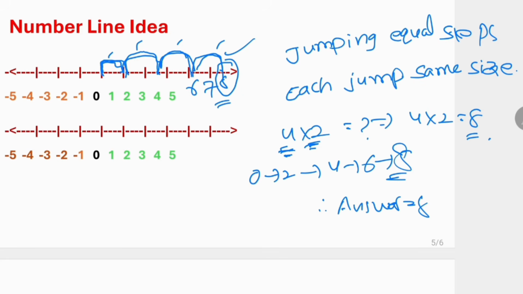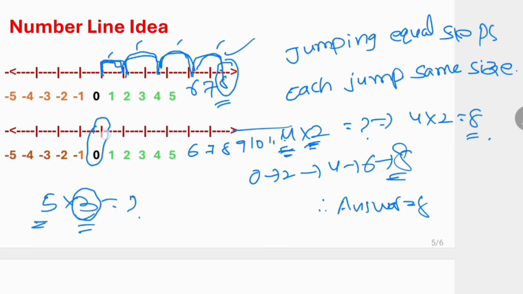I take another example. 5 into 3 is equal to how much? Where do we start? I start from 0. And how many times? 5 times. The size of the jump is 3.